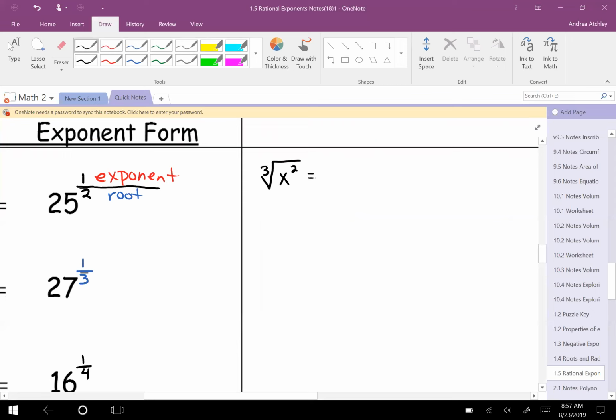Change the cubed root of x squared into a fractional exponent.